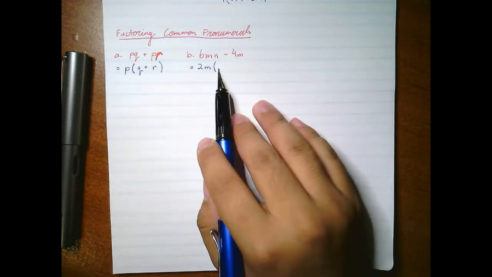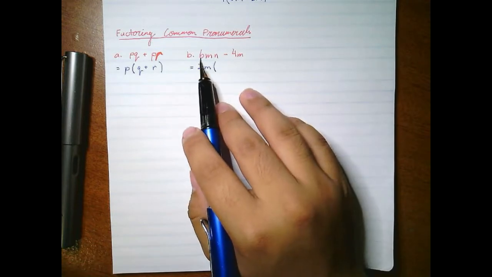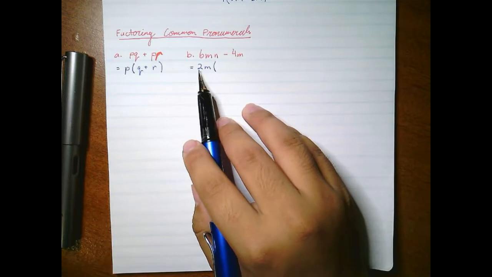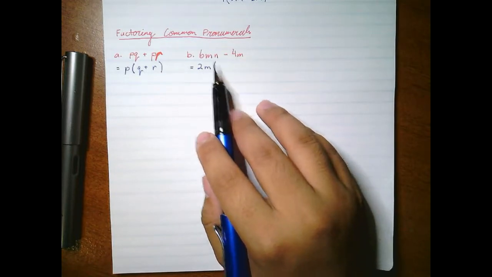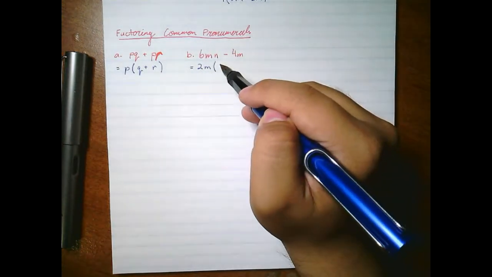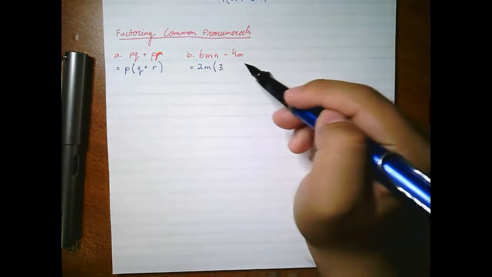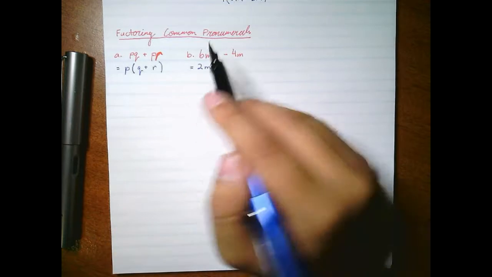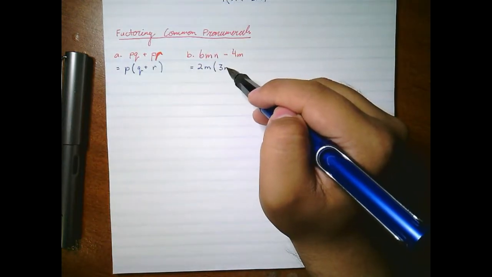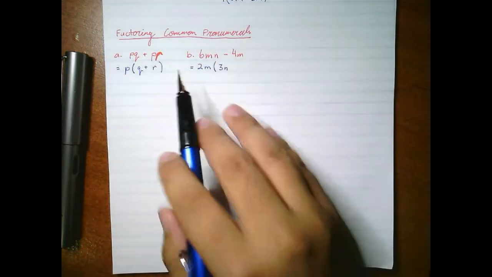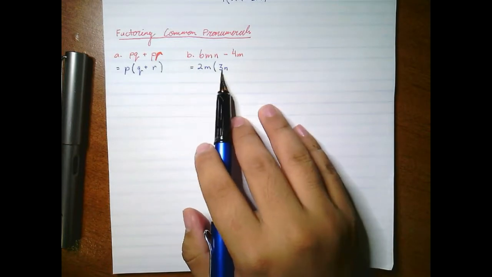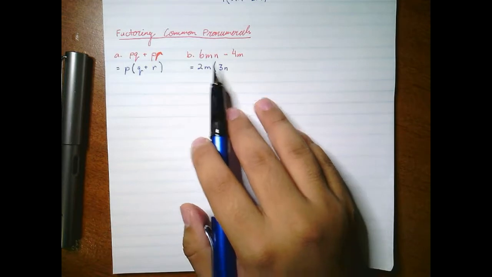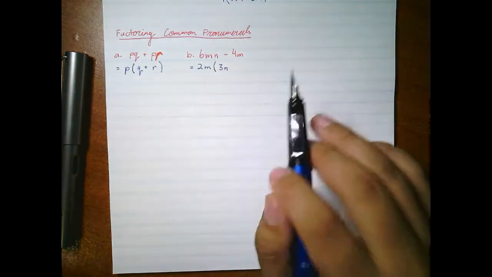2m times what gets me 6mn? Well, we'll focus on the numbers first. 2 times what gets me 6? Well, it's going to be 3. We already have the m, no need for that. We need an n, so there it is. Take a look, 2 times 3 is 6, m times n gets mn, so this works out.